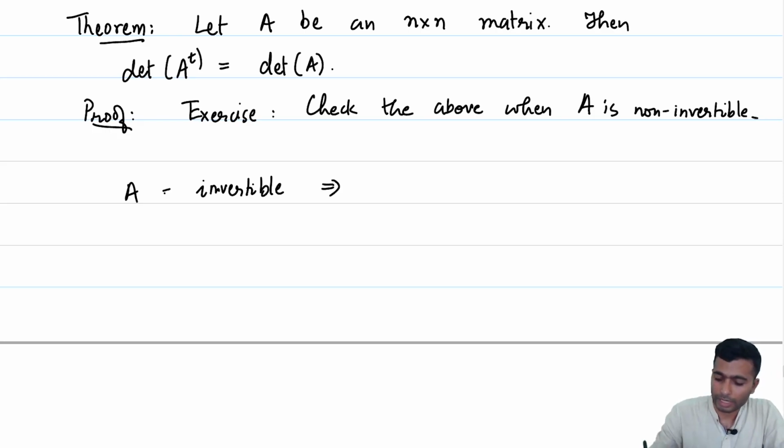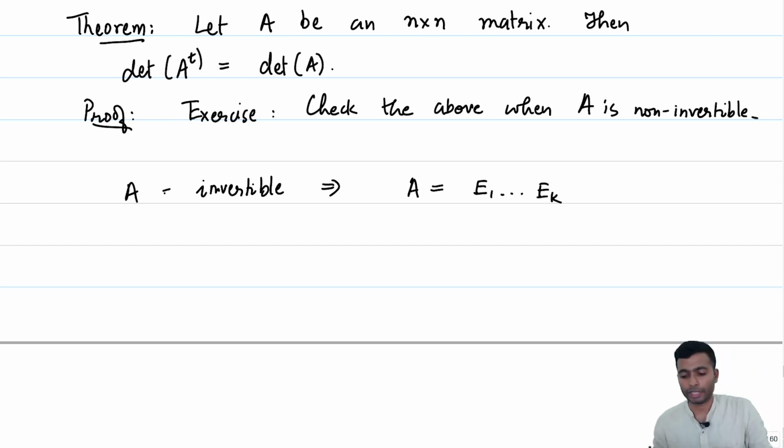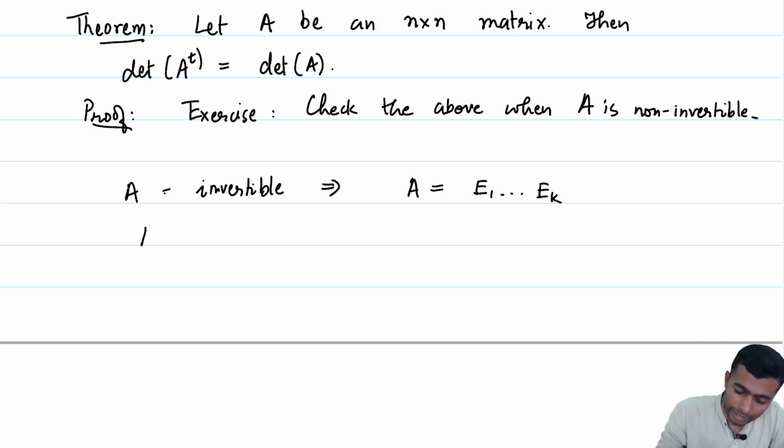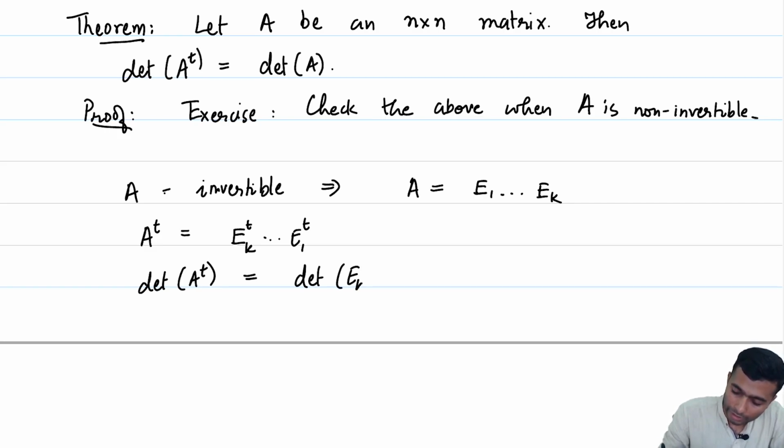A is invertible implies that A can be written as E1 dot up to Ek, where E1, E2 up to Ek are all elementary matrices, and therefore A transpose will just turn out to be equal to Ek transpose up to E1 transpose, and therefore determinant of A transpose will be equal to determinant of Ek transpose dot dot dot determinant of E1 transpose.